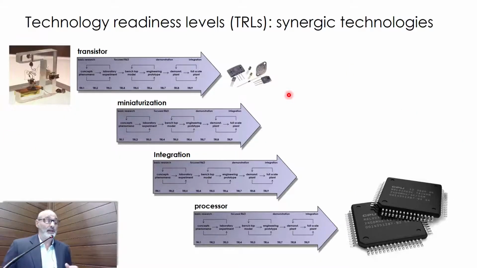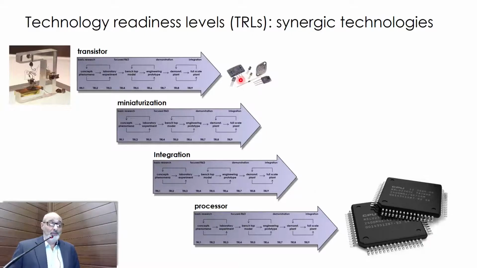Another important thing is that the process is not linear. It may involve cycles of development, as I hope I got across, but it also incorporates other developing technologies. Here you have the transistor and here you have the CPU, processing units.